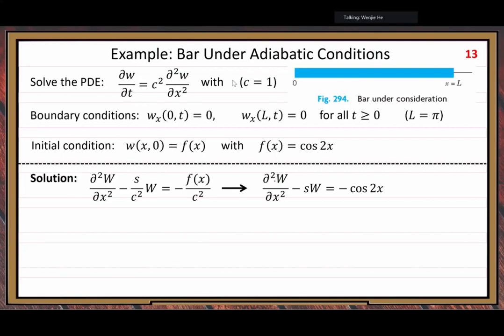Now we need to solve this very simple second order ODE, and here we treat little s as a fixed, positive constant. Since it is a positive constant, we can take the square root of little s.